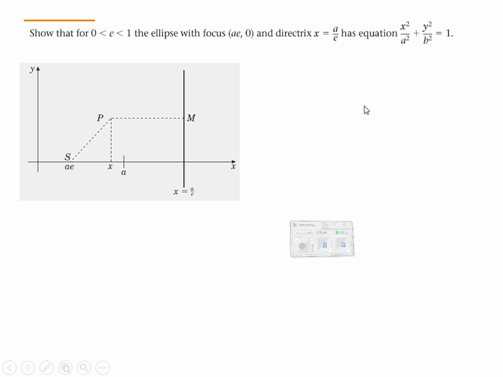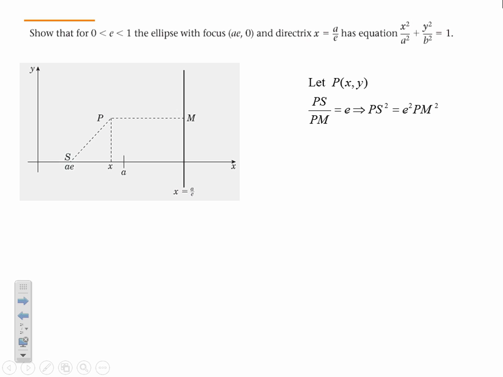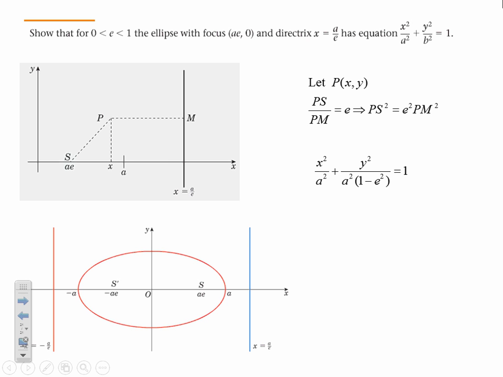So we've established that given this property, we can prove the following: x squared over a squared plus y squared over a squared bracket 1 minus e squared is equal to 1. And because of the symmetry, we have foci at the points AE, 0 and minus AE, 0, and directrices the lines x equals a over e and x equals minus a over e. So those are important points I'd like you to note. Take a mental picture of that.